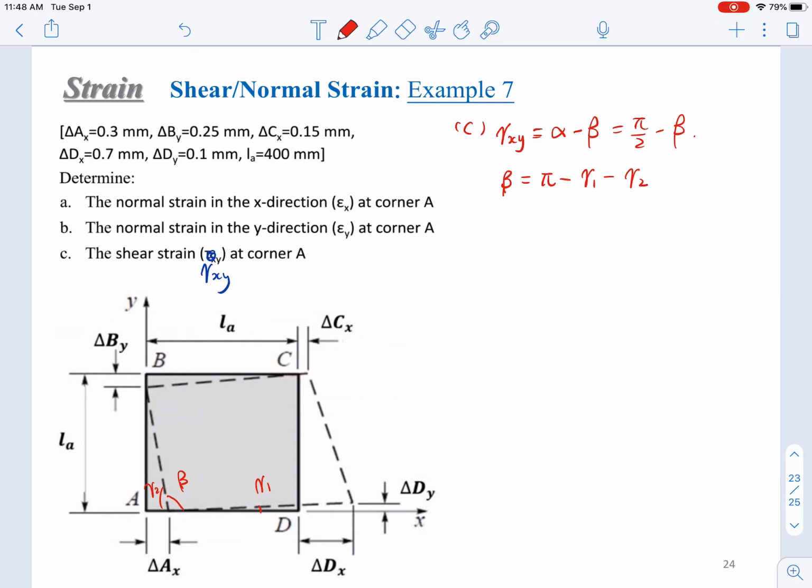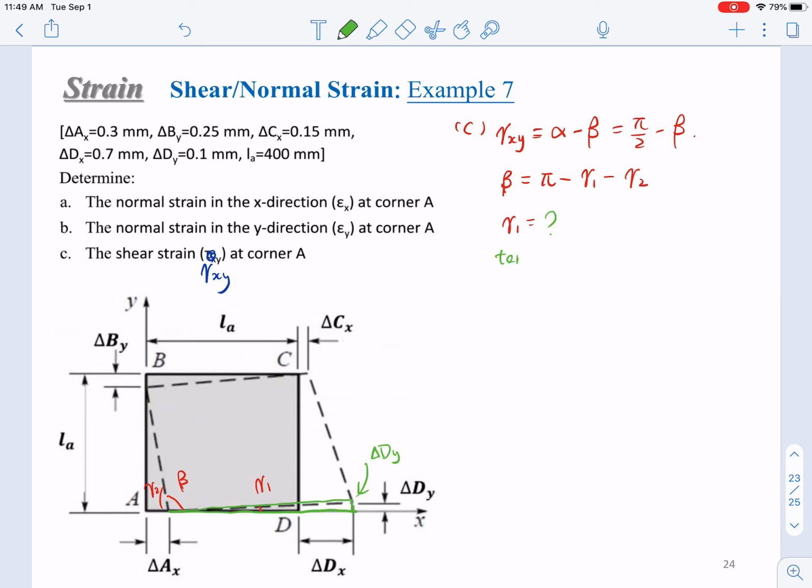Is it easy to find gamma 1? Gamma 1 can be found in this small green triangle. In this green small triangle, this side length is delta DY, and you just need to find the overall other side.